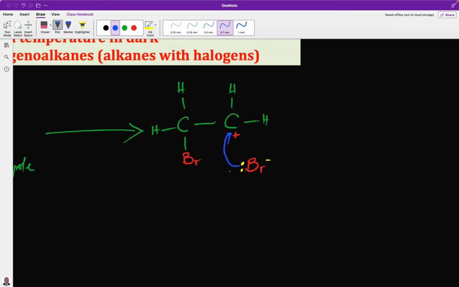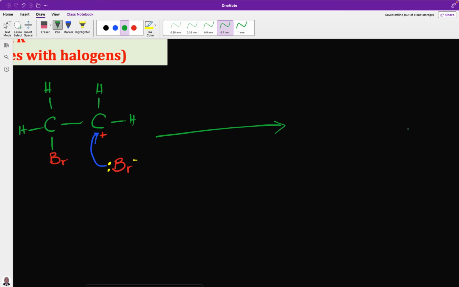A new covalent bond is formed. And now what will be the resultant? The resultant in this case is carbon. We have this.